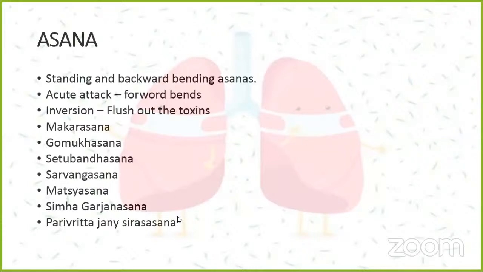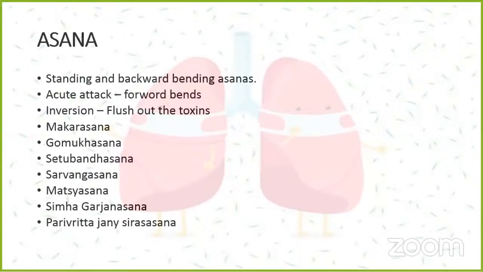So a lot of chest opening and back arches can be given. In the yoga field, we gradually introduce the back arches. Modified mild back arches with props can be introduced, gradually taking them towards more chest opening asanas. And inversions are also very helpful, with a gradual progression of the practices.